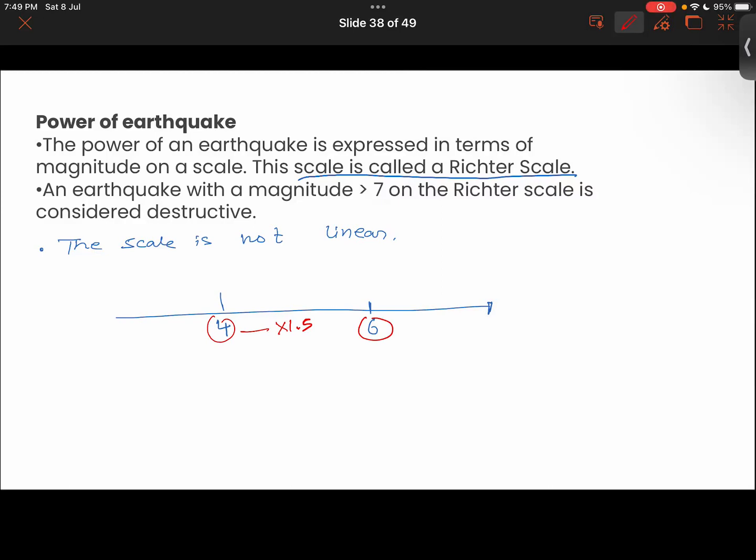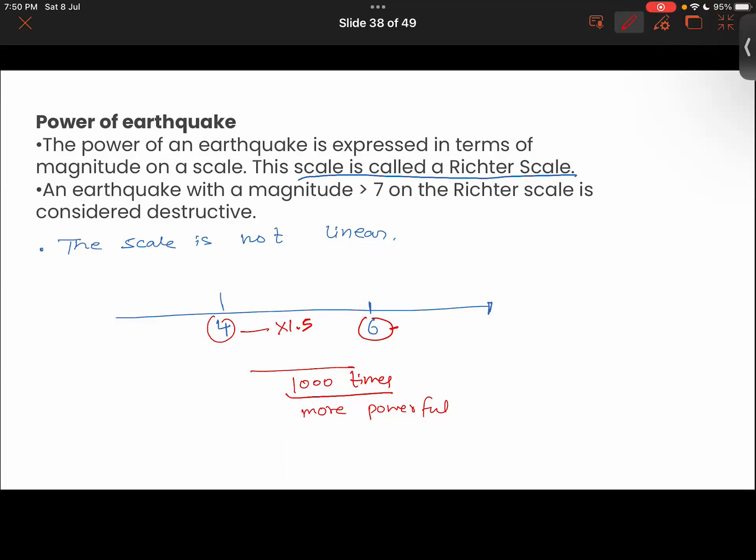Are you guys getting it? In fact, the earthquake which has a magnitude of 6 is almost 1000 times more powerful than the earthquake which had a magnitude of 4 on the Richter scale.